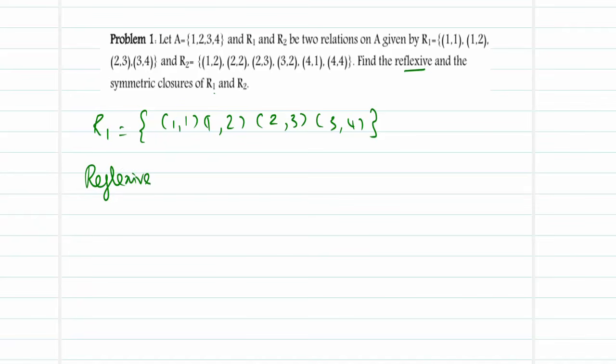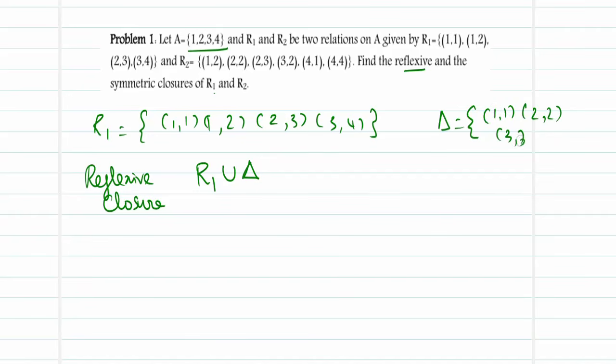Reflexive closure: how do we get this? With your R1, you add the closure elements delta. What are our closure elements delta over here? My set A is {1, 2, 3, 4}, so I have (1,1), (2,2), (3,3) and (4,4) as my reflexive closure elements. My delta has been got.